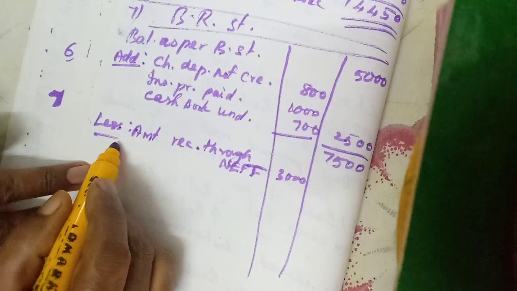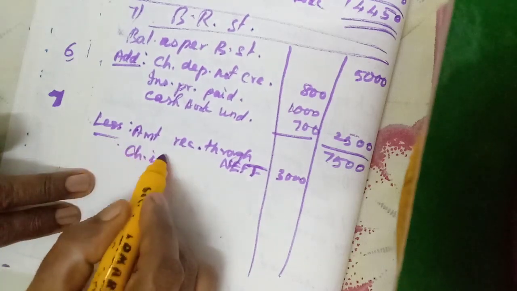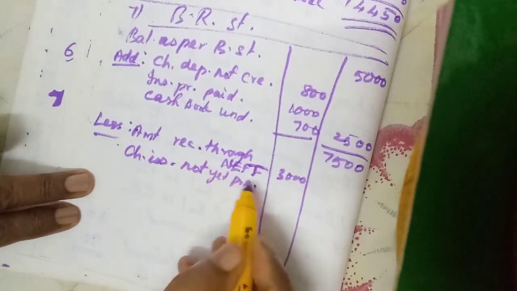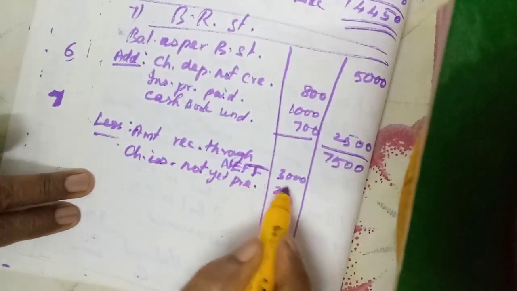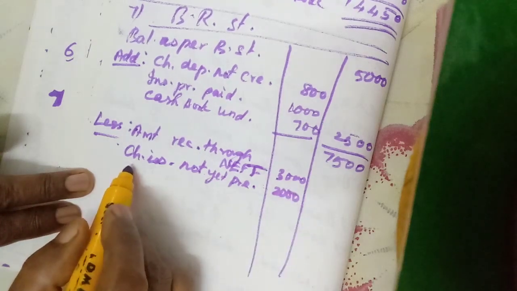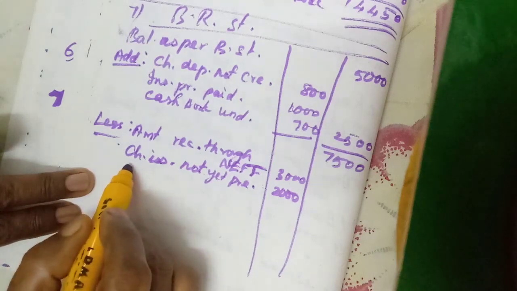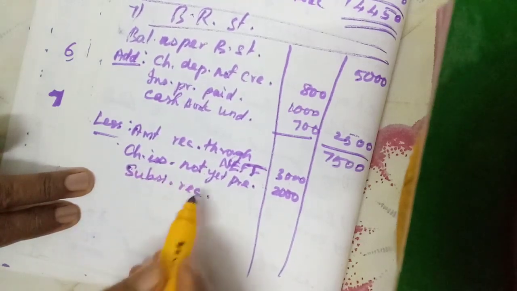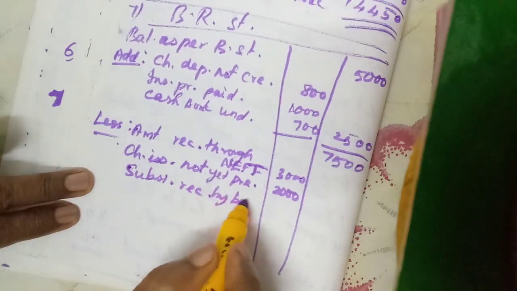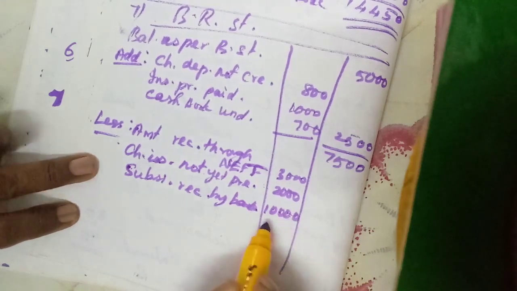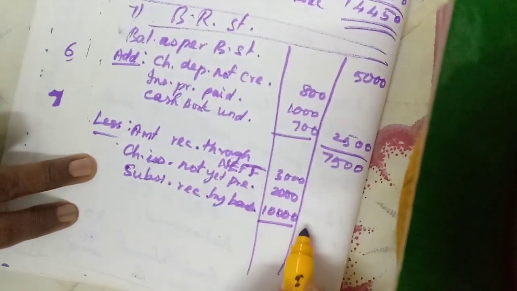Then check issued, not yet presented, 2,000. Then less the last one, isn't it? Subsidy received by bank, 10,000. Okay, 15,000.